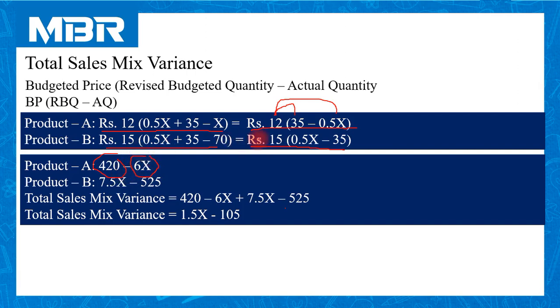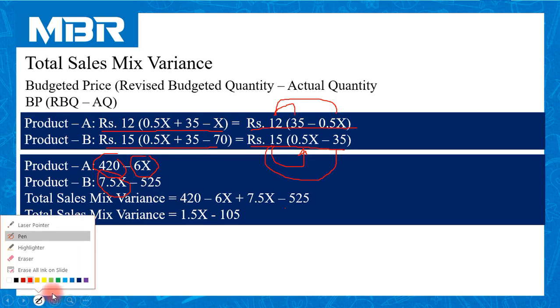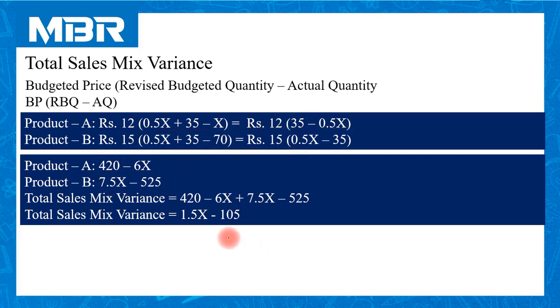Same way you can calculate for product B. 15 multiplied by 0.5x, so it's 7.5x. And 15 multiplied by 35 given over here, so it's 525. With the help of this information, we can easily calculate total sales mix variance.